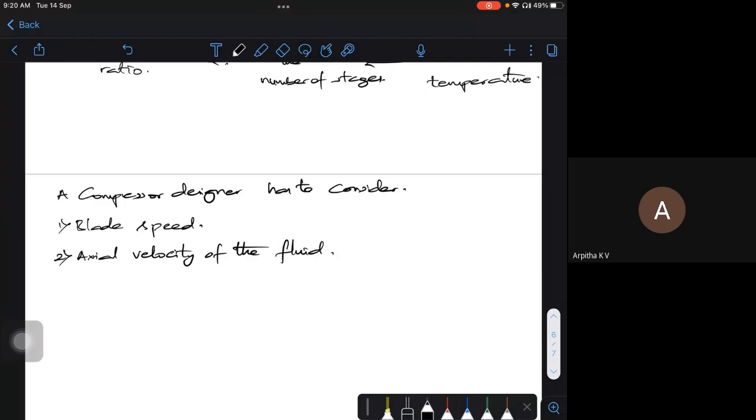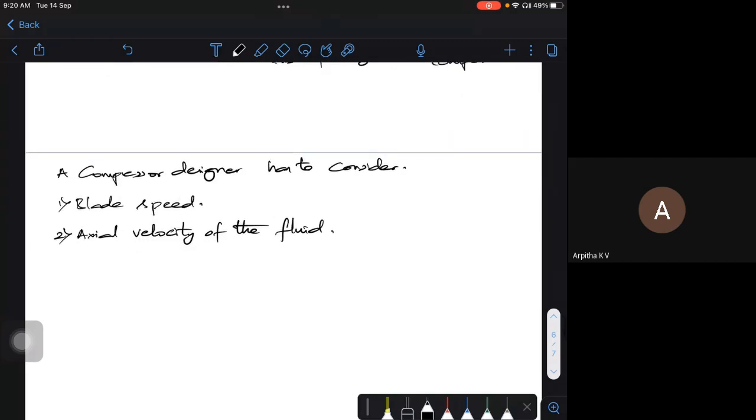And the third one, which is very critical, is fluid deflection, which is the difference of your blade angles, so beta 1 minus beta 2 or beta 2 minus beta 1. This is called fluid deflection, and it is only with respect to the rotor blades, not the stator blades.